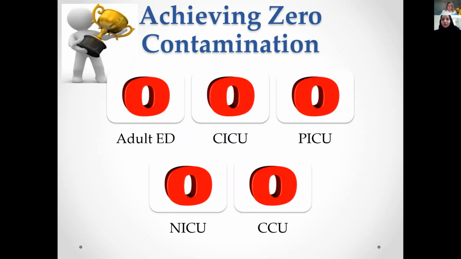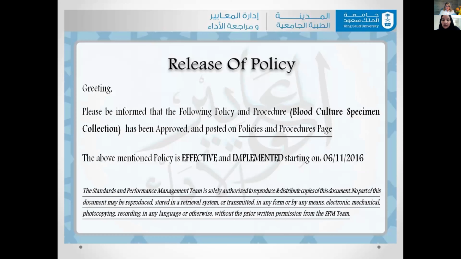After this improvement, we are celebrating that we achieved zero contamination in adult emergency, CICU, BICU, NICU, and then CCU during our testing phase. After that, we approved and released our testing policy all over the university medical city.